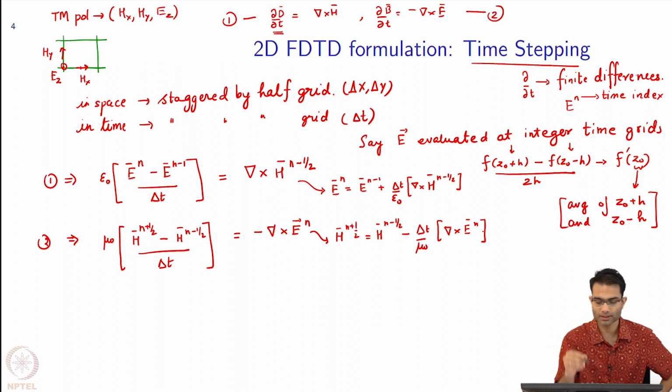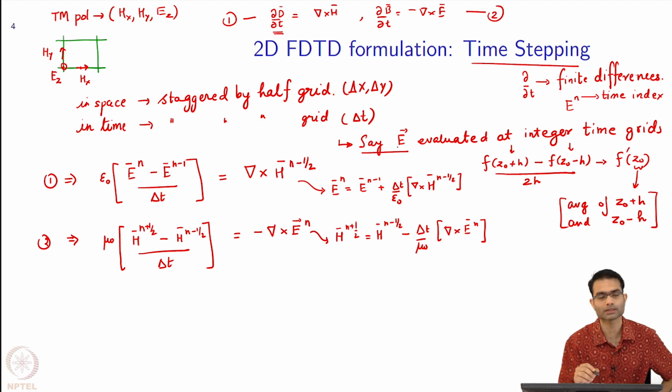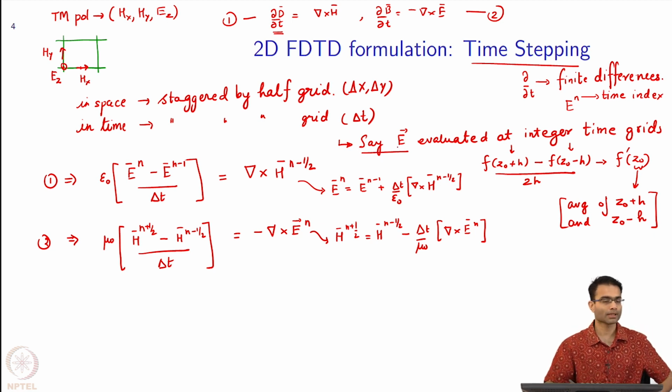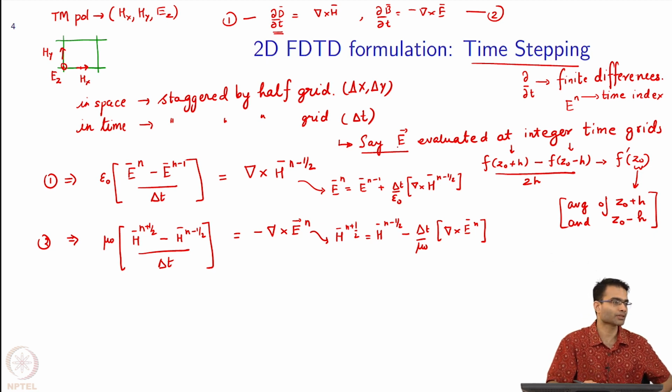Well, okay, so let me start by saying that here, this line over here, when we say that E is evaluated at integer time grids is a choice. I could have said E is evaluated at half integer time grids. Okay. Once I fix where E is evaluated, H automatically becomes staggered by half a grid, right. So, I have got E evaluated at integer time instances, and now if I want the value of E at a half time integer, then what should I do?